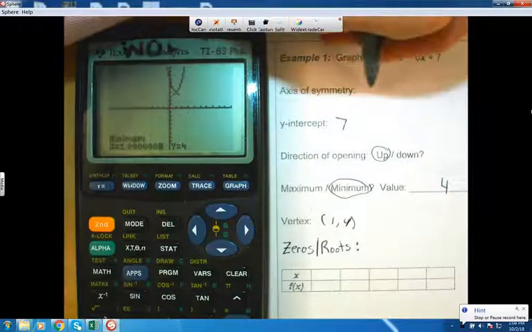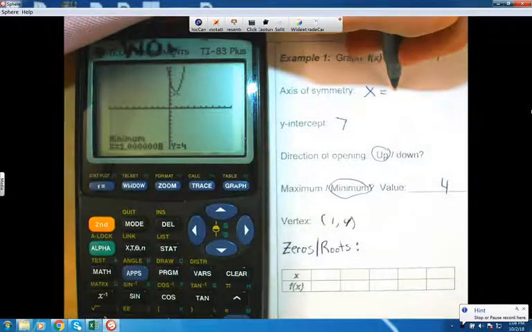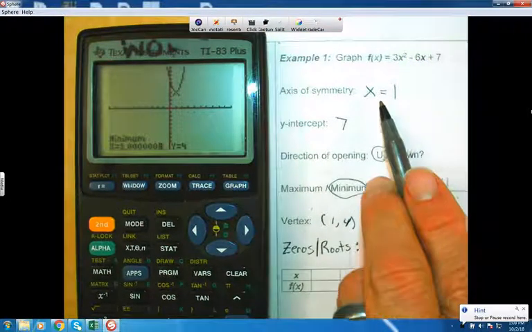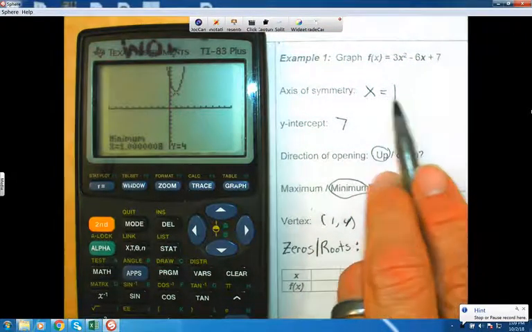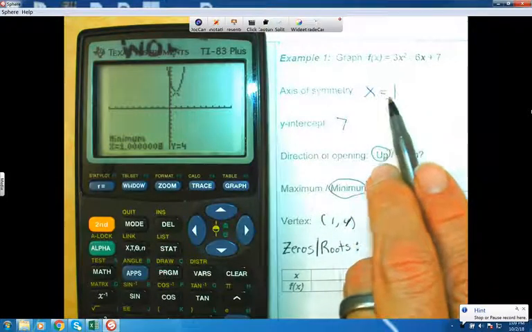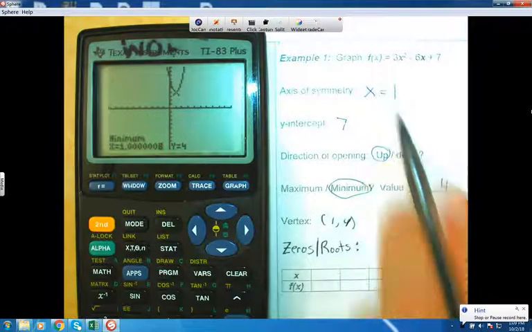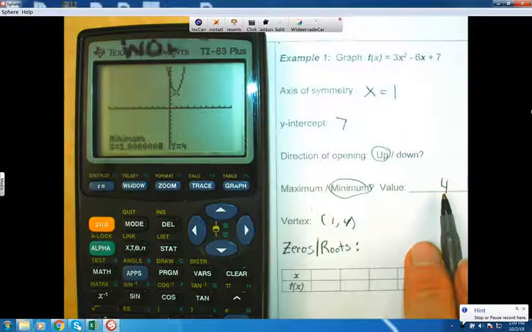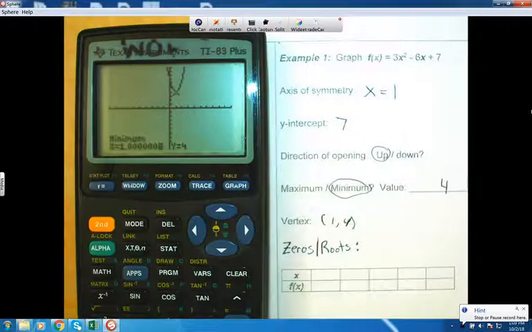We already found that the x-coordinate is 1, so it will be x = 1. For the axis of symmetry, you have to write x = 1. If you don't write the x equals, you don't get full credit. You need to create the equation. For the value, it's fine to just put the y coordinate. You don't have to put y equals there. But here you do. Anyways, we've just answered a lot of the questions it asked for.